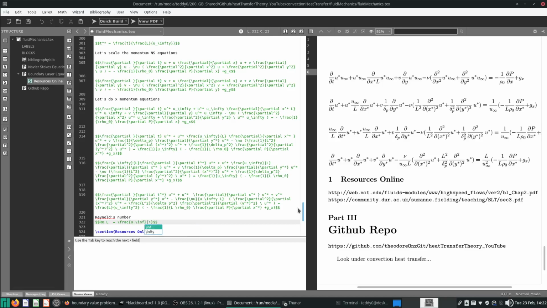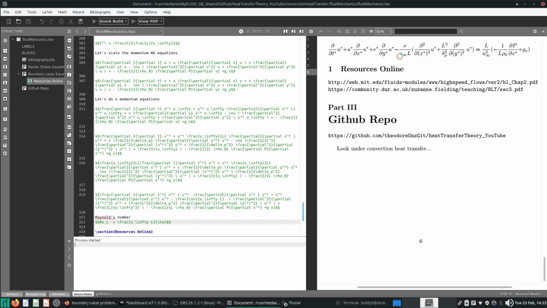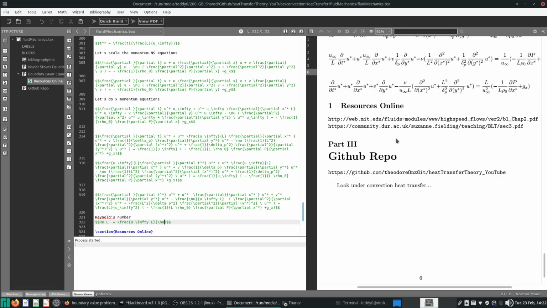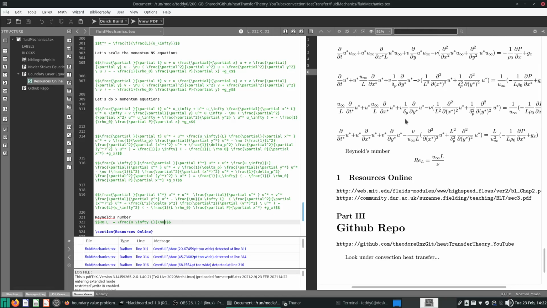Re_L equals u infinity L over nu. So that's our x direction Reynolds number. We have to be careful, because we can define the Reynolds number in many ways, so we use the subscript L here.